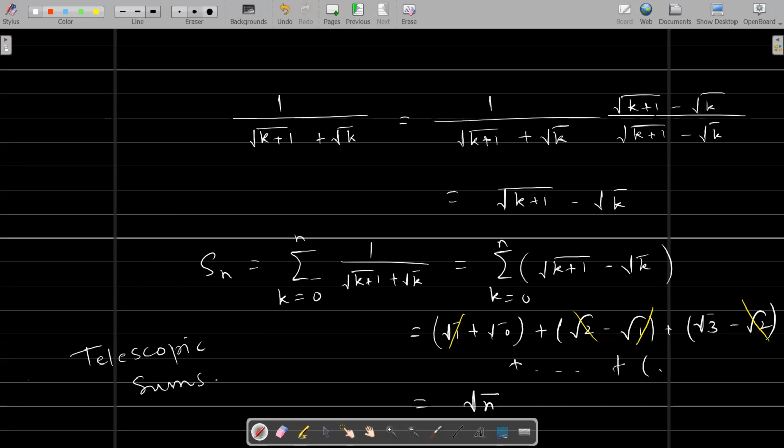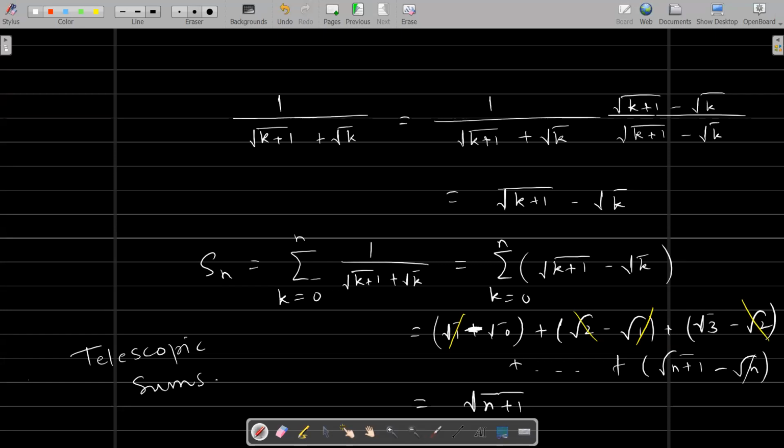So my last term is root n plus 1 minus root n. Everything up to root n cancels, and what I get is root n plus 1 minus root 0. So it's root n plus 1.